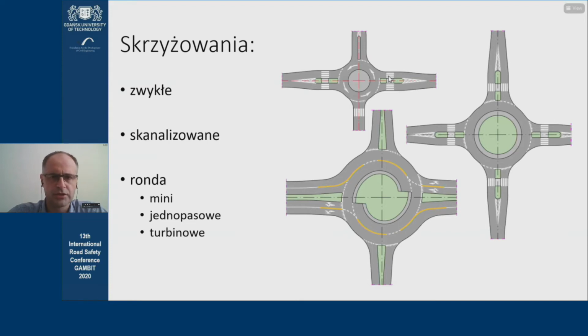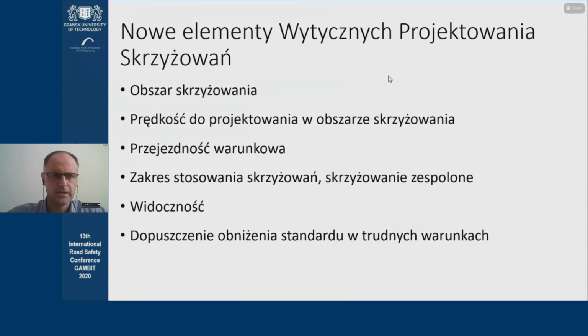Junctions are divided into ordinary and channelized junctions. And then we have roundabouts, which are divided into mini roundabouts, single lane, and turbo roundabouts. And those that are signalized are part of channelized junctions.